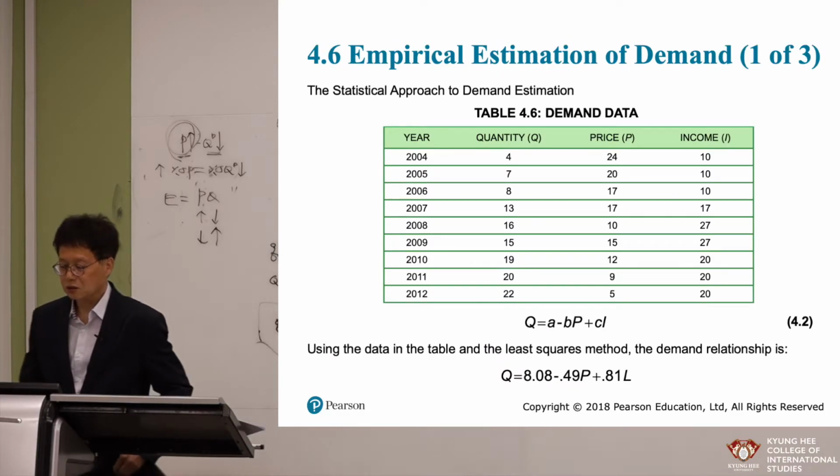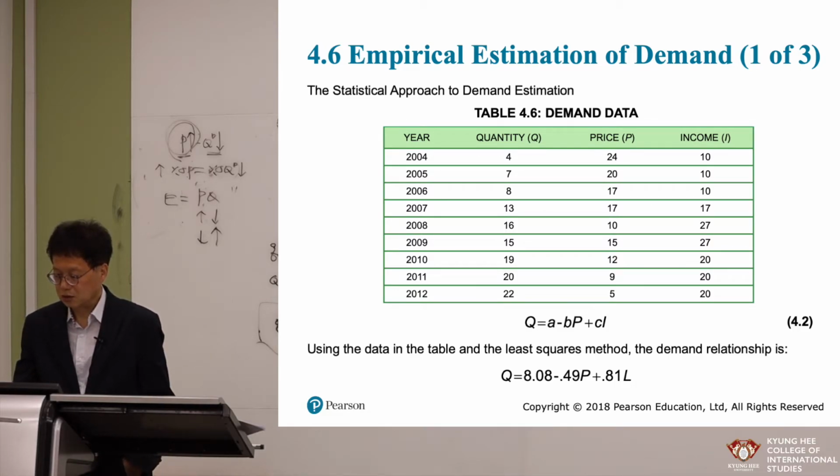The empirical estimation of demand, right? Quantity in table format like this, right? Price, income, like this. So mathematically, we use this kind of specification: QD is equal to A minus BP plus CI. I is income, isn't it?